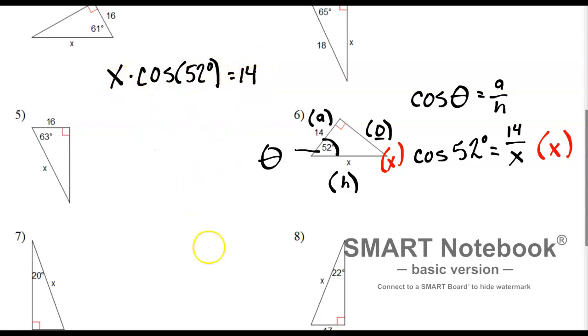I want x by itself, so we can pause the video here and ask yourself, what do you do? If you were thinking divide both sides by cosine 52, good.